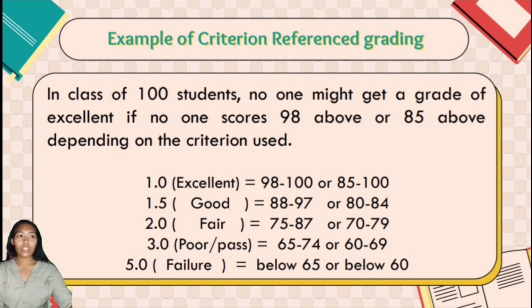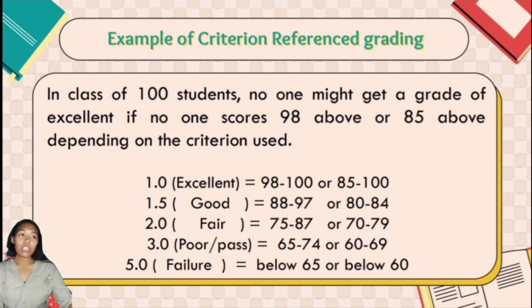For example, 1.0 is excellent, equal to 98 to 100 or 85 to 100, while 1.5 is good, 88 to 97 or 80 to 84. 2.0 is fair, 75 to 87 or 70 to 79. 3.0 is poor or pass, 65 to 74 or 60 to 69.